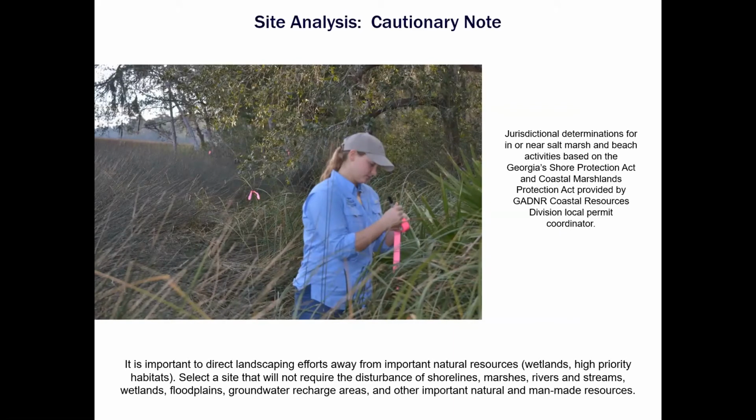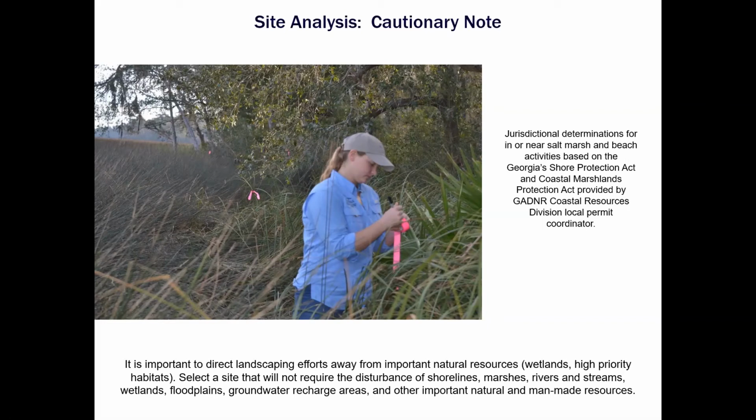I just want to point out that we are not talking today about efforts that involve very important protected natural resources, the wetlands, the high priority habitats. We are not talking about disturbing shorelines or marshes, rivers and streams, wetlands, et cetera.